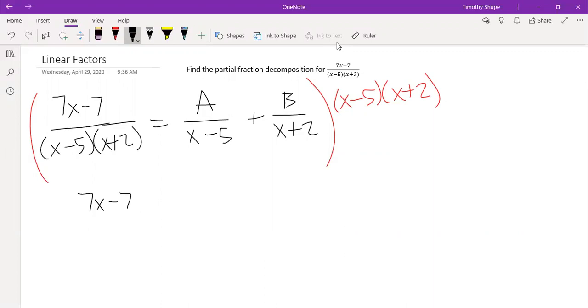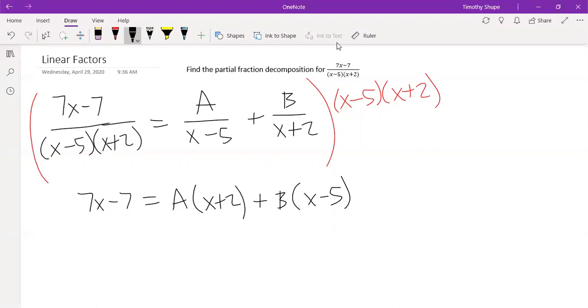If I distribute both of these factors to the second fraction, the x minus 5 will go away, but the x plus 2 will not. So I've got a times the x plus 2. And then if I multiply both of those factors by the third fraction, the x plus 2 will cancel out, but the x minus 5 will not.